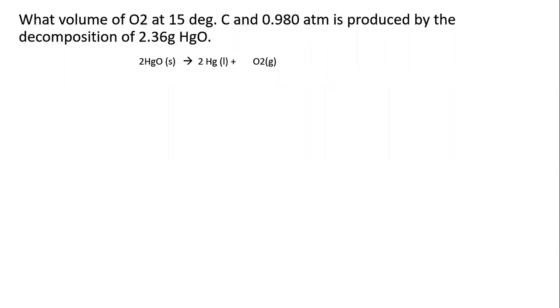So now in order to determine the volume of O2, if we want to look at the ideal gas equation, volume of O2 equals the moles of O2 times R times T divided by the pressure of O2. So right now we know what the temperature is, 15 degrees Celsius. We can convert that to Kelvin.